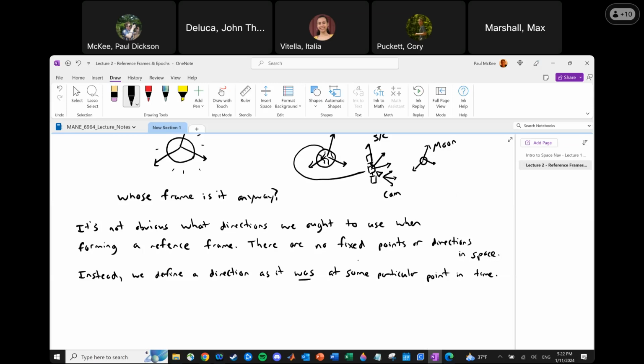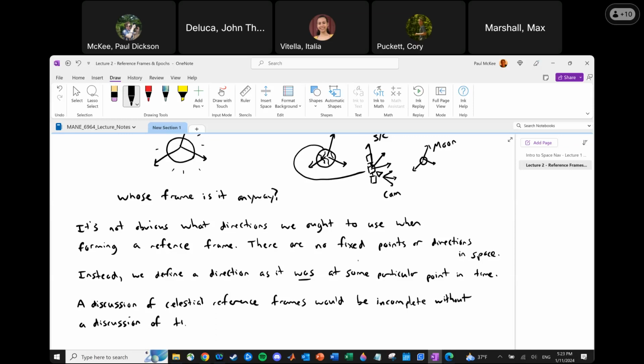So therefore, a discussion of celestial reference frames would be incomplete without some discussion of time and timekeeping.